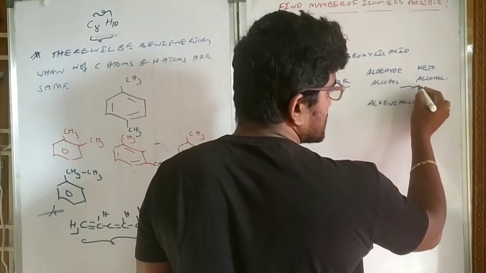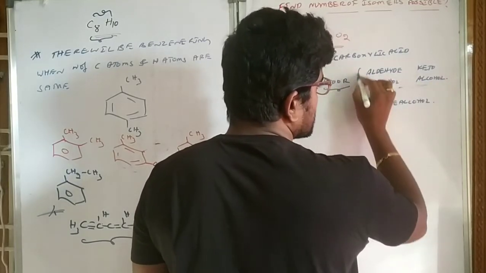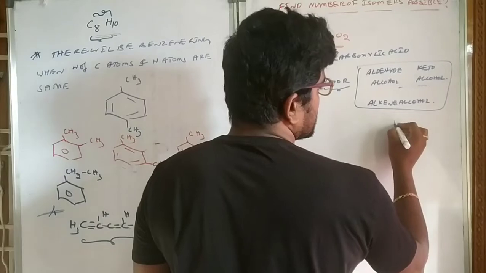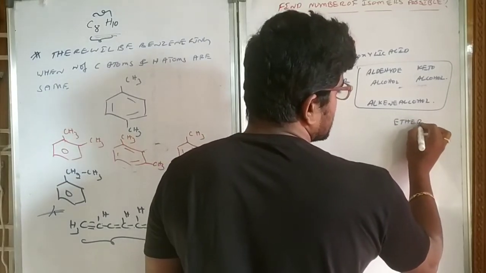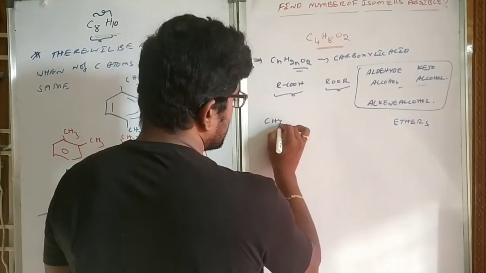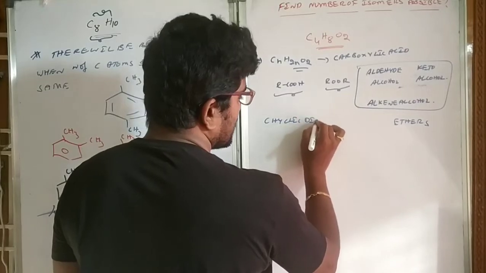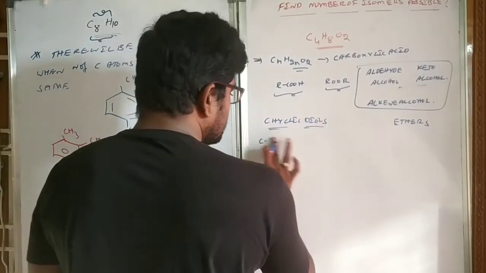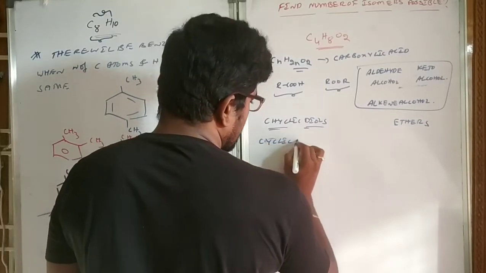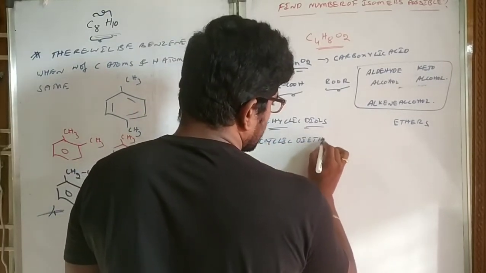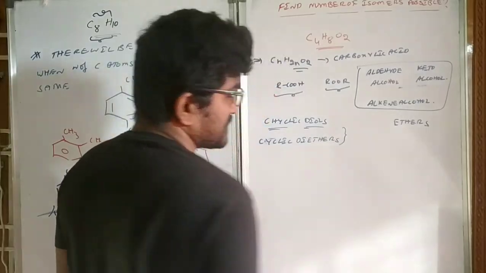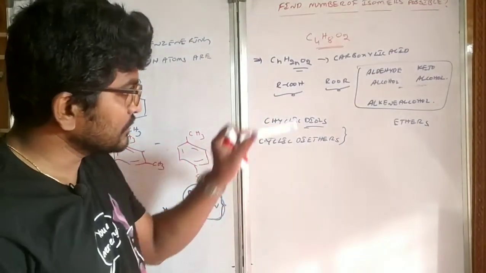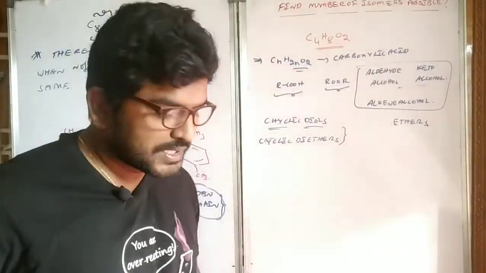In every case you can have ethers also. Among these, alcohols are there, and then ethers are possible, and then cyclic diols are possible, and then cyclic ethers are possible. This many functional isomers are present.